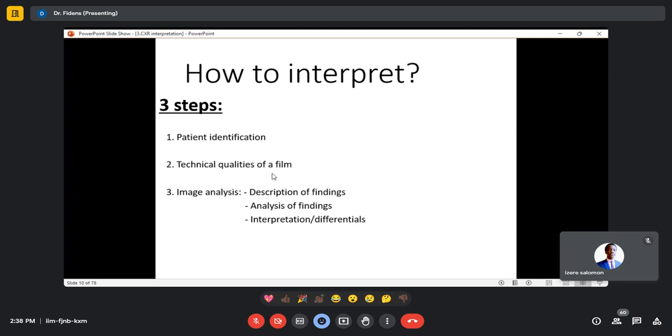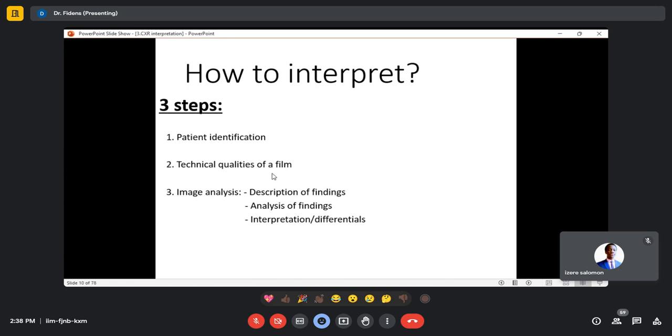Patient identification: the name, the age, the time of examination, type of exam, patient number or something. Those are included in patient identification. You should please check them before you interpret, you analyze an X-ray.